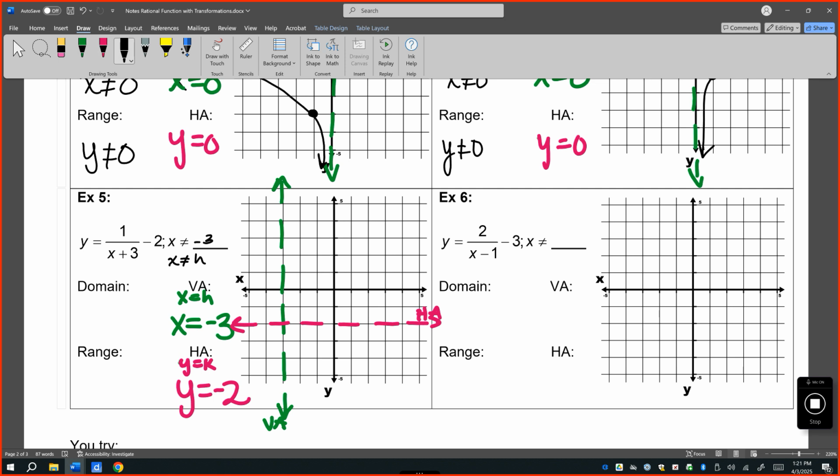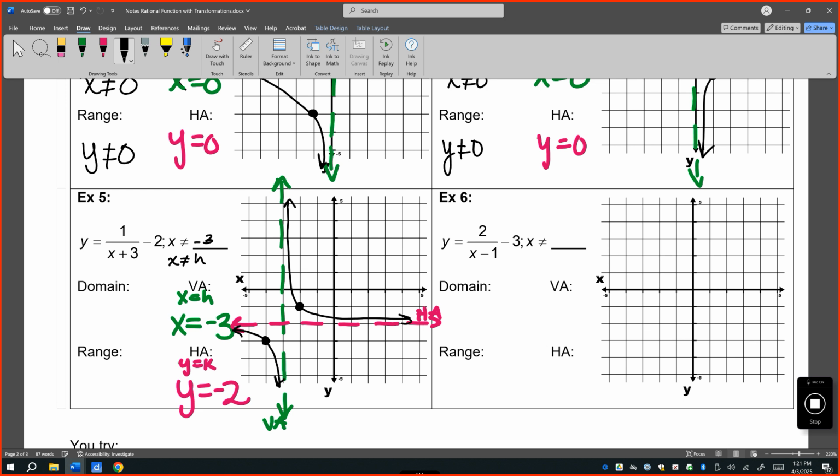Okay, once I get the asymptotes, now I put the points to make the branches. All right, I check, am I vertically stretched? No. Am I reflected? No. So then I find where the asymptotes are crossing, and I count 1, 1 point, -1, -1 point, and then you just hug the asymptotes.